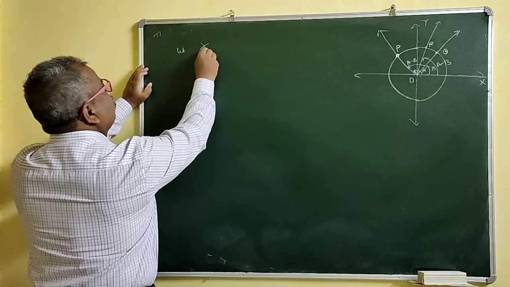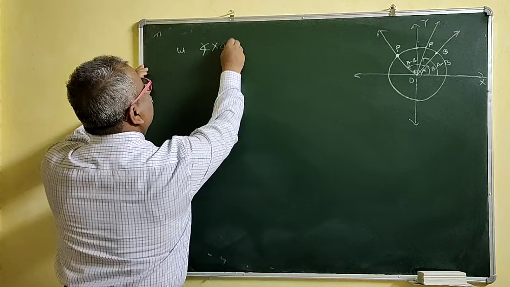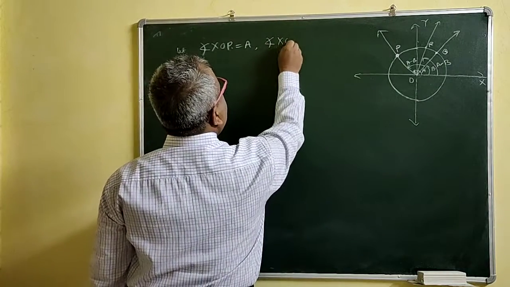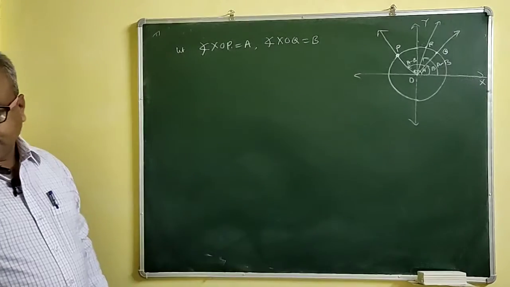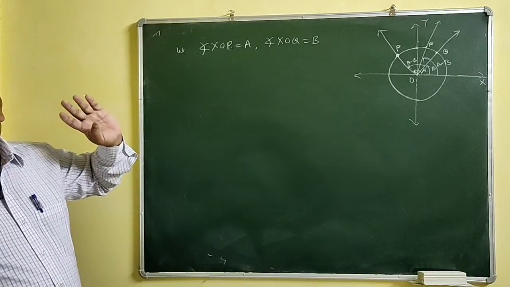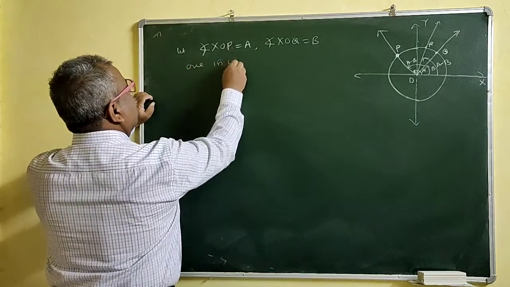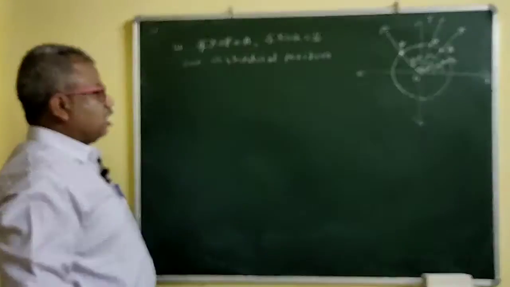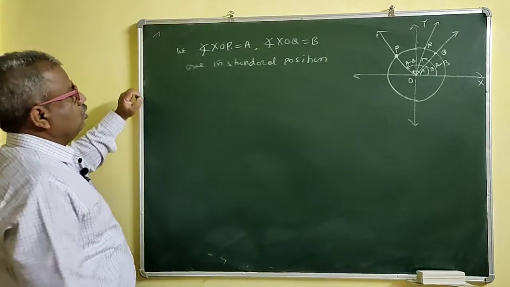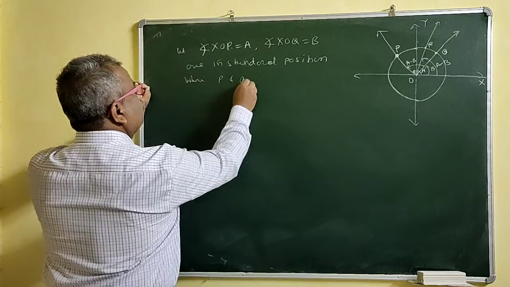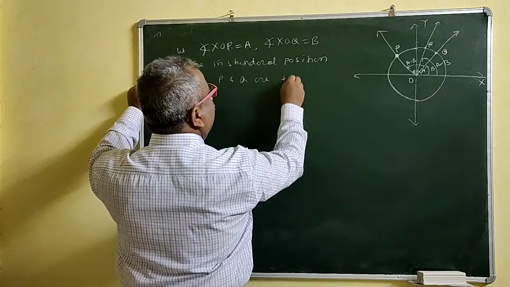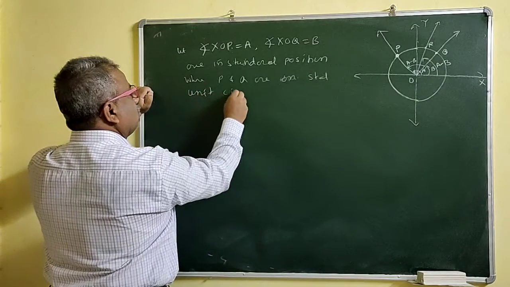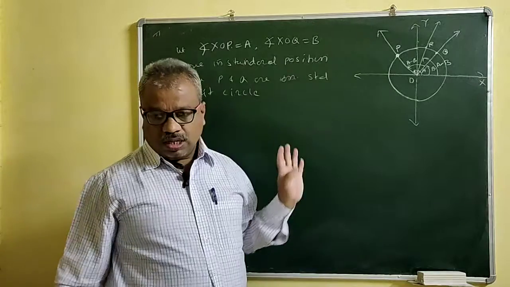So let the directed angle XOP be equal to A, then the directed angle XOQ is equal to B. So now A and B are in standard position, where P and Q are on the standard unit circle.